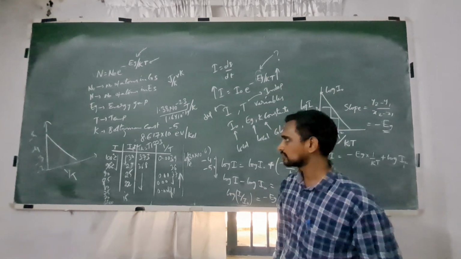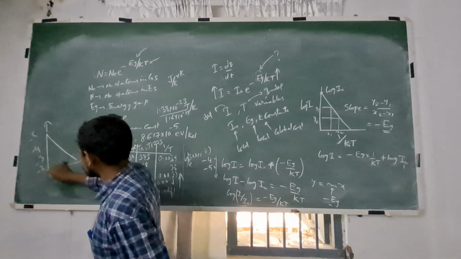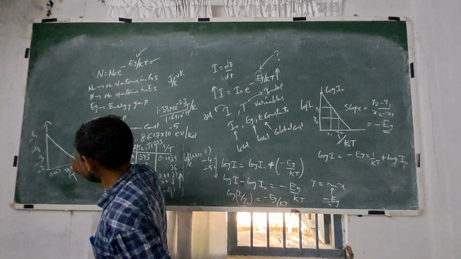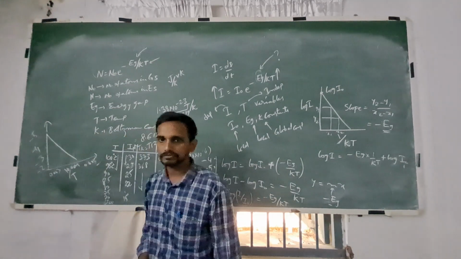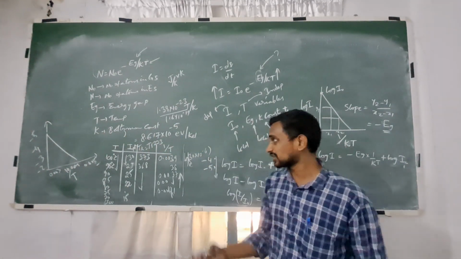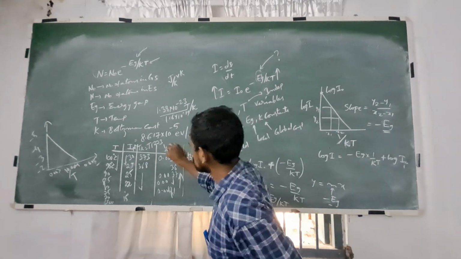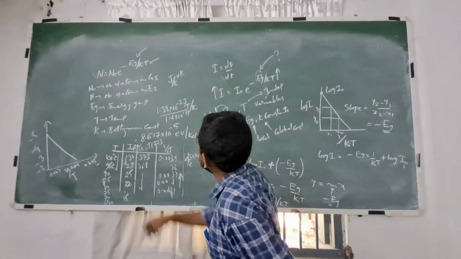1 by T is 0.003, 0.004, 0.005. Maybe you have to multiply with k also. Then you will get a number.